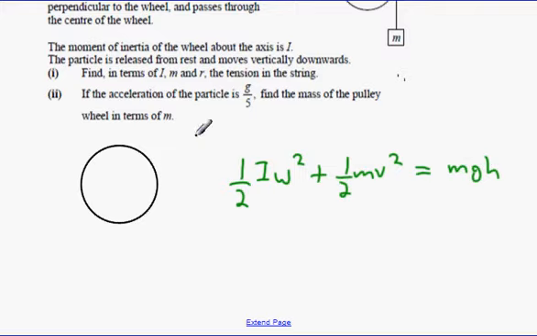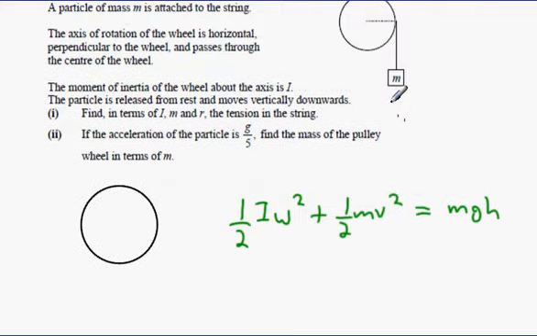In this case, mgh represents the potential energy of the mass above the ground. Now, where does it say the mass starts from? We don't know the distance. We don't know how long this line is. So we just have to figure out how far it falls.